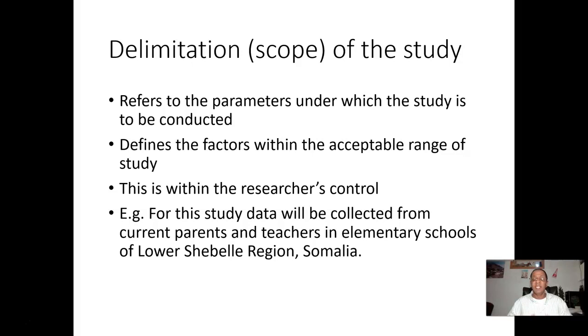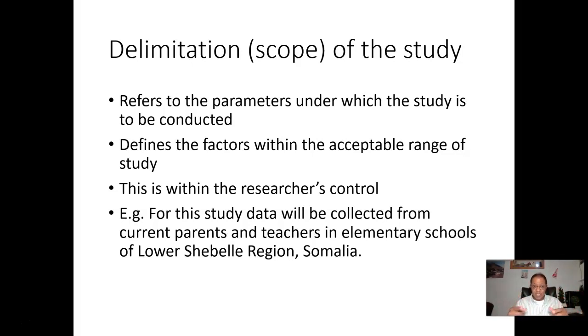Then you have delimitation. Delimitation means the scope of the study. In simple words, tell us what you are going to cover in this study. The example I have here: my study will collect data from parents and teachers in elementary schools of the Lower Shabelle region in Somalia.